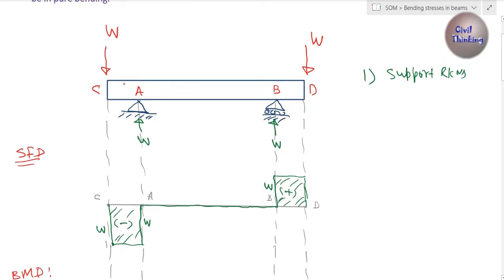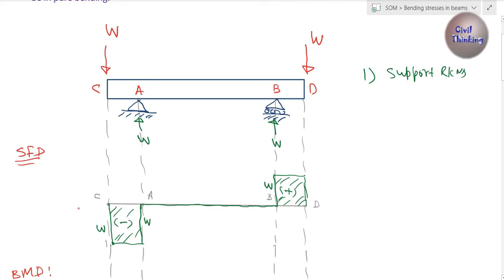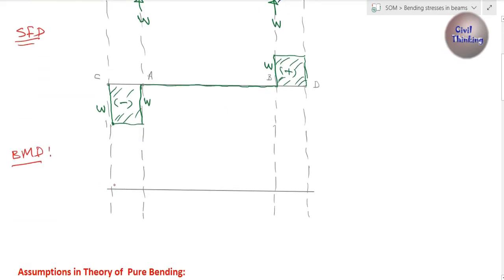Now you can see this is the free end C, so here is zero bending moment. This corresponds to the point C, this corresponds to the point A, this corresponds to the point B, and this corresponds to the point D. Now at C there is zero bending moment because it's a free end, so I draw a dot on the zero line.